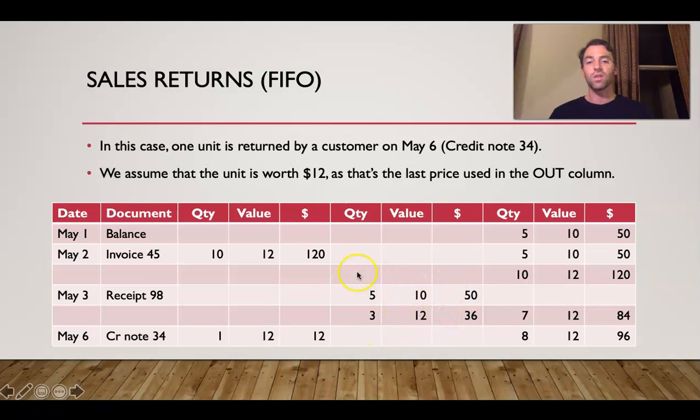Even though 8 was sold on May the 3rd, remember we always go from oldest to most recent, the $12 ones are written last, so the one returned must have been that. So we have now gone from 7 costing us $12 and having a value of 84, to 8 at $12 with a value of 96.